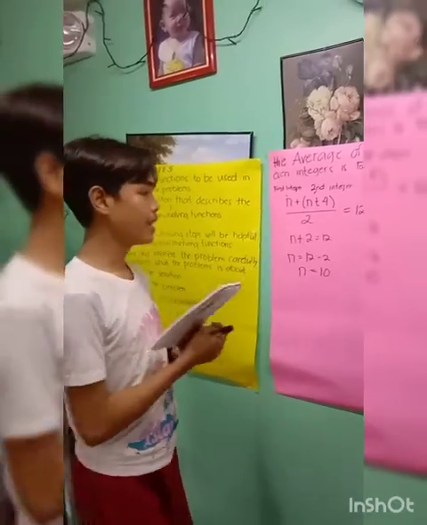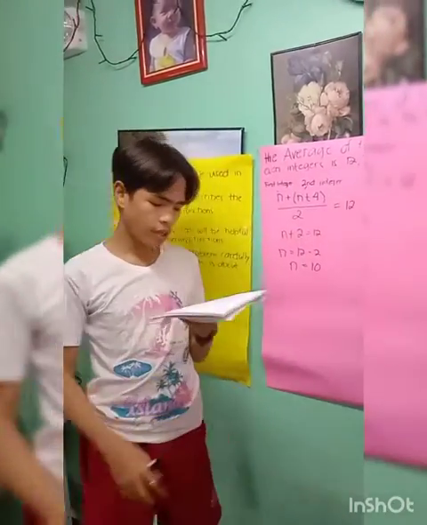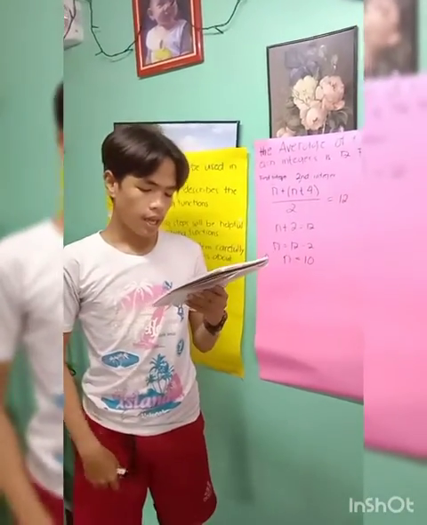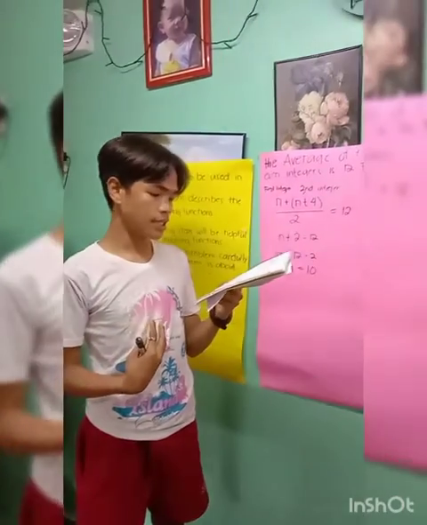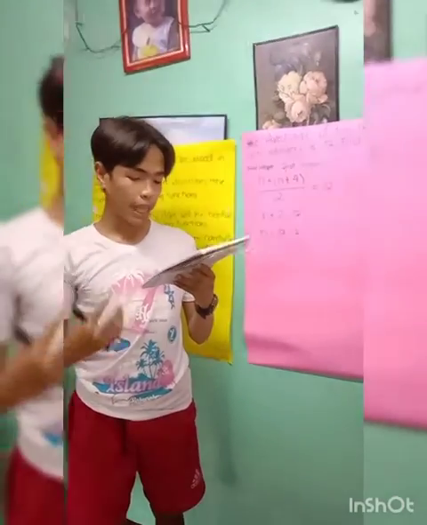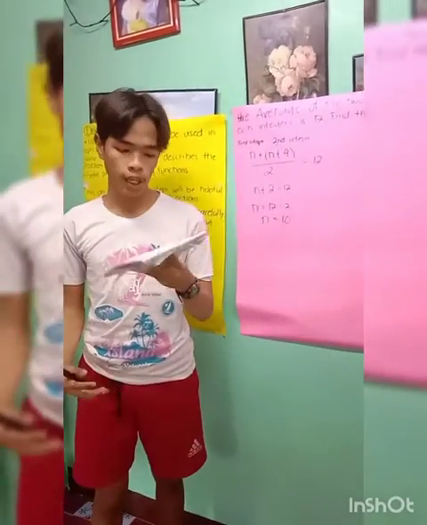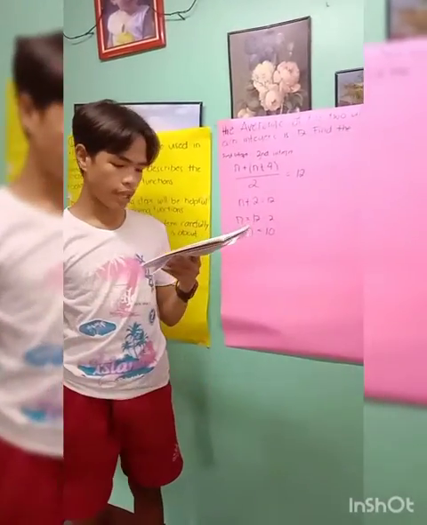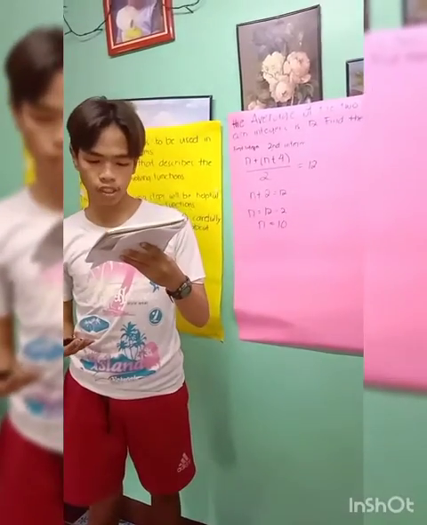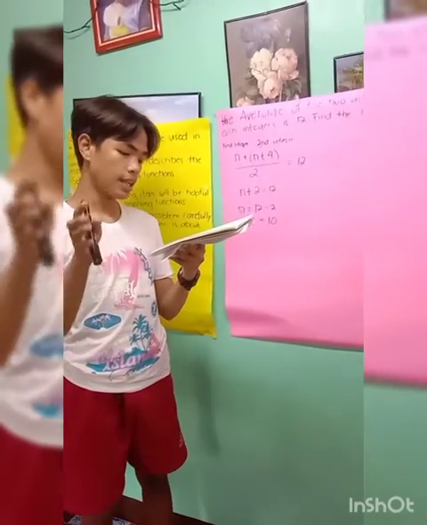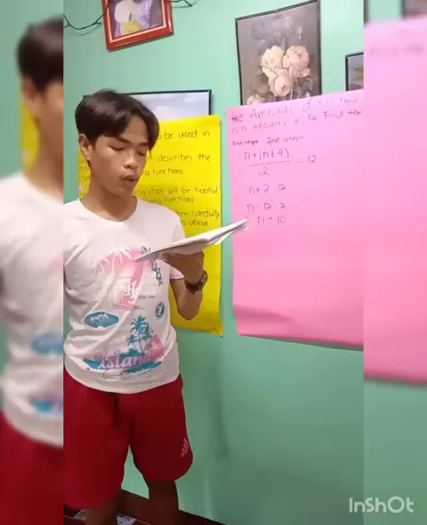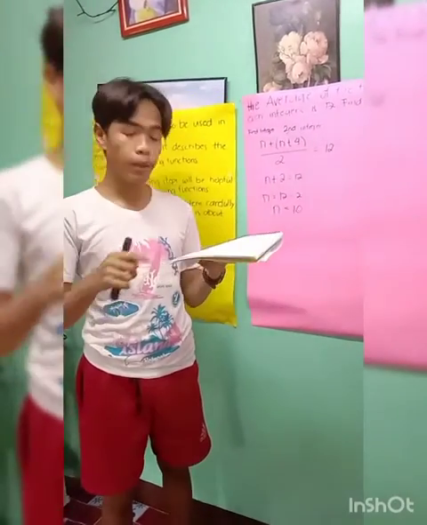So we just reversed the operation. The first integer is 10, so we need to solve for the second integer. Since n is equal to 10, for the second integer we use our equation from earlier, n plus 4.